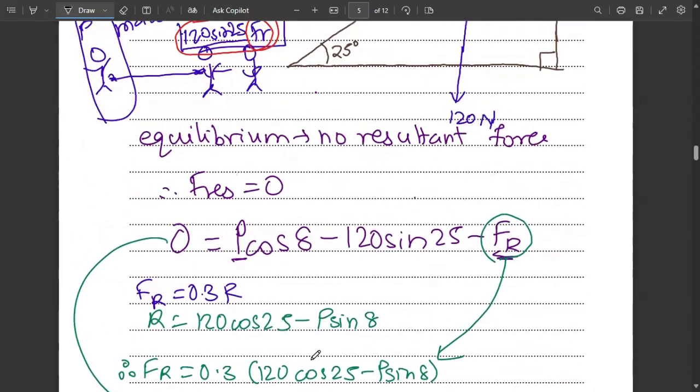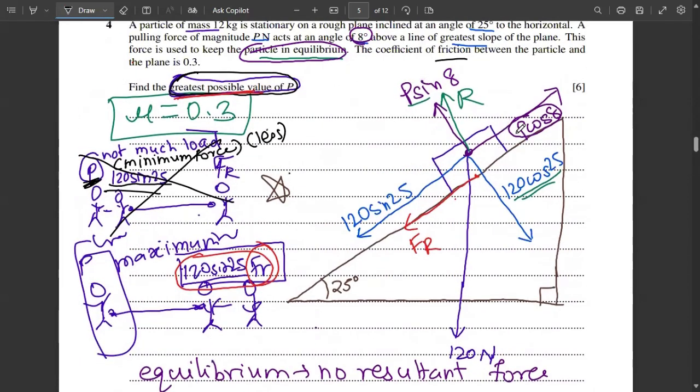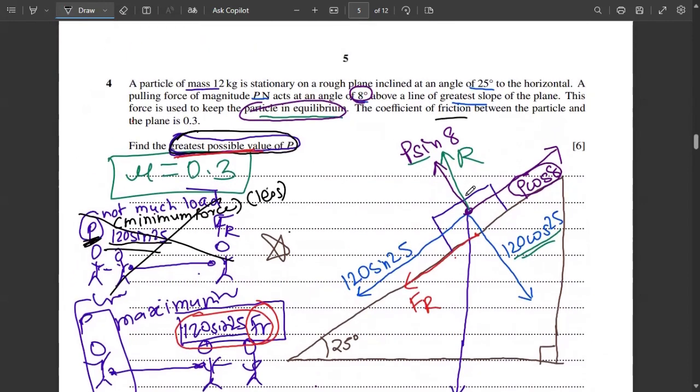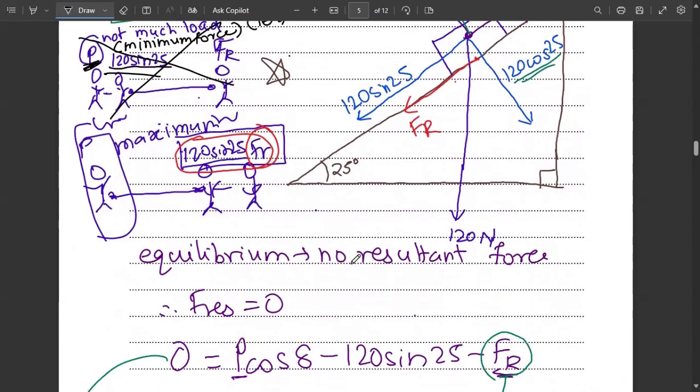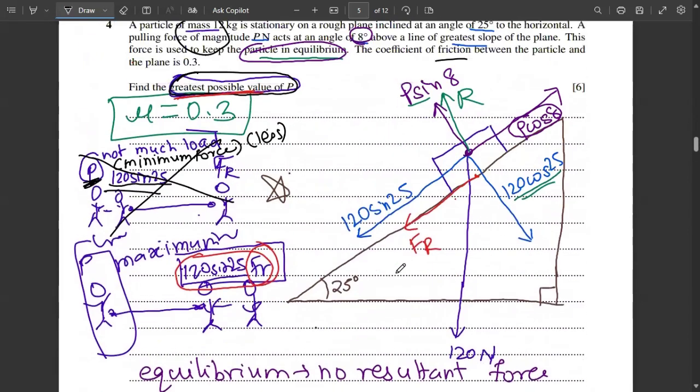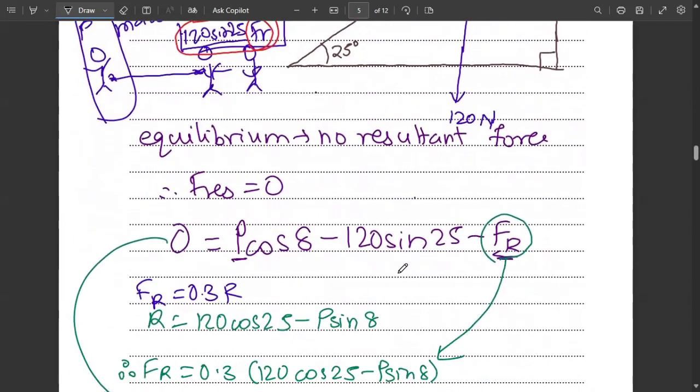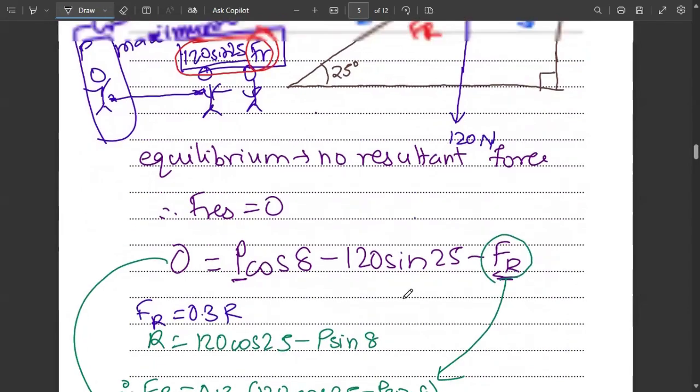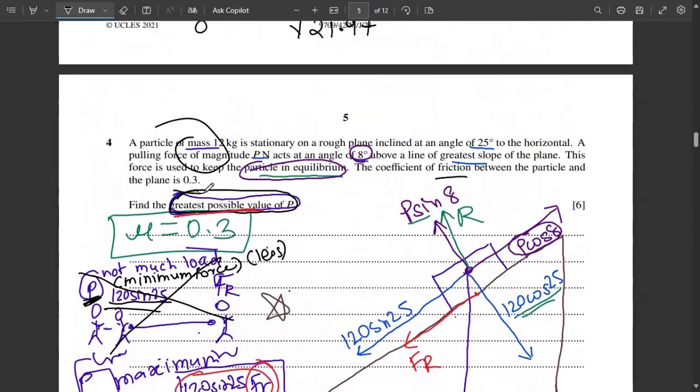Let me check it here again. P cos 8 is, mass is 120 cos 25. U is 0.3. Yes.